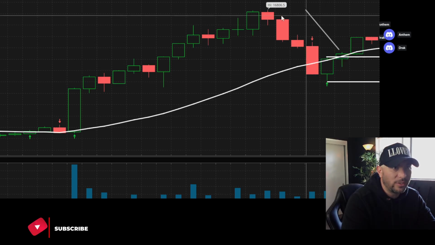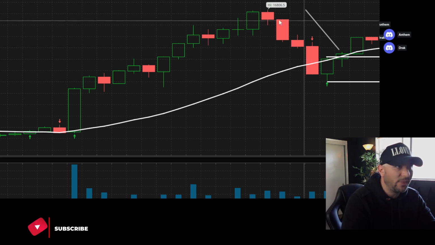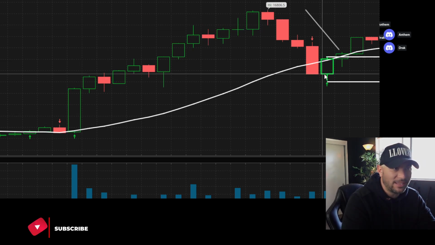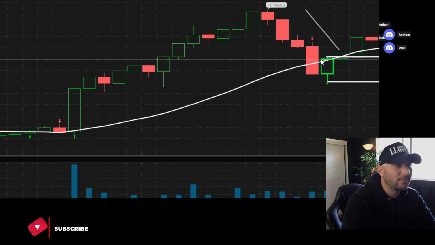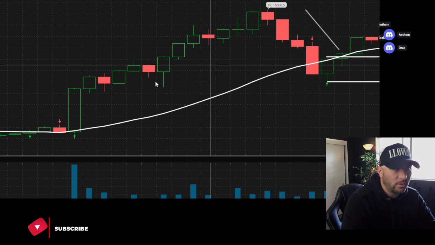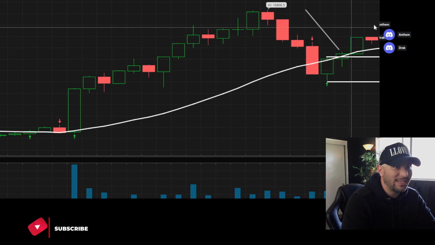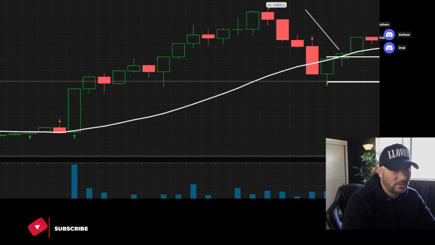This long would now put you back up 120 points in 3 particular plays. Does that make sense? That's the game of probabilities. Is every trade going to work? Of course not. Are you going to get stopped out? 100%. But how well you manage your risk to reward and how well you take these plays and identify them is going to determine if you're going to make money. So I hope that makes sense.